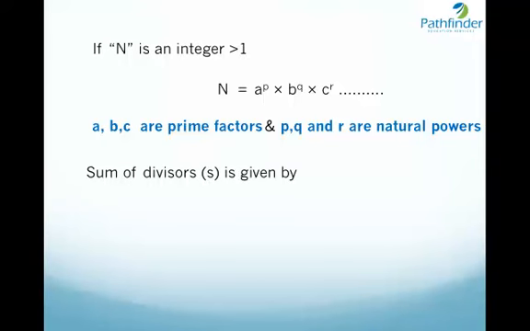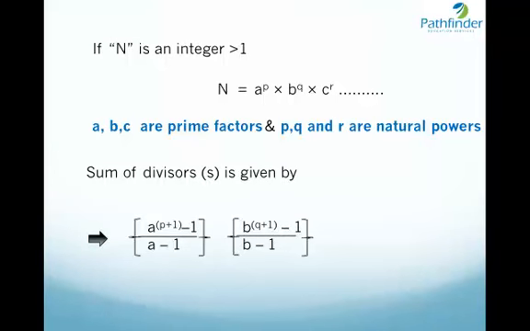So the sum of divisors S is given by a to the power p plus 1 minus 1 upon a minus 1, into b to the power q plus 1 minus 1 upon b minus 1, into c to the power r plus 1 minus 1 upon c minus 1.